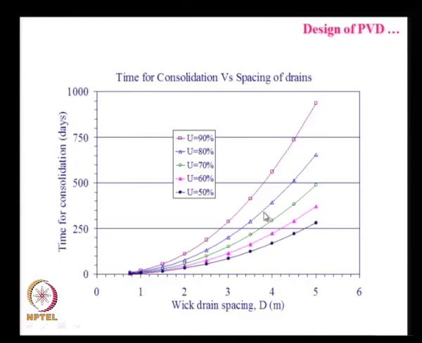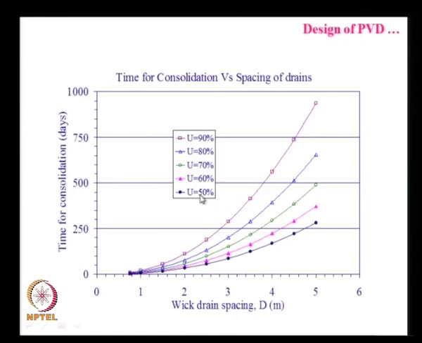If you do not want to solve it by trial and error, you can just go on substituting different capital D values, plot a graph, with the center to center spacing on the horizontal axis and the time for consolidation on the vertical axis, and we can read it off, and in this case both of them give 3.85 spacing.